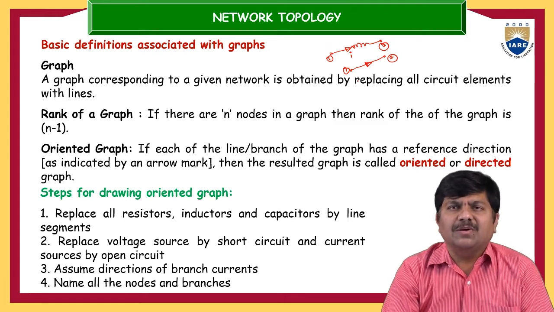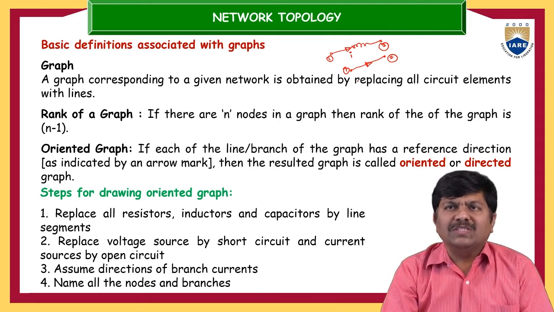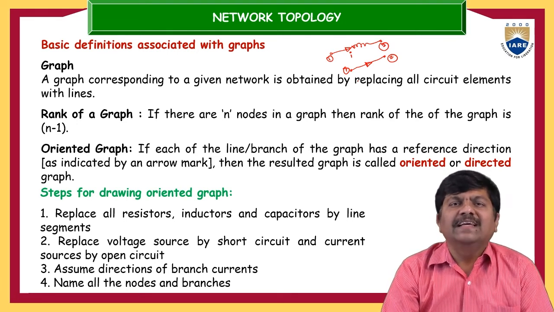So what about the construction procedure? Replace all the resistors, inductors and capacitors by line segments. Not only that, you have to replace the voltage sources by short circuits and the current sources by open circuits. I wrote this as two statements because the first point talks about the passive elements and the second point talks about the active elements.